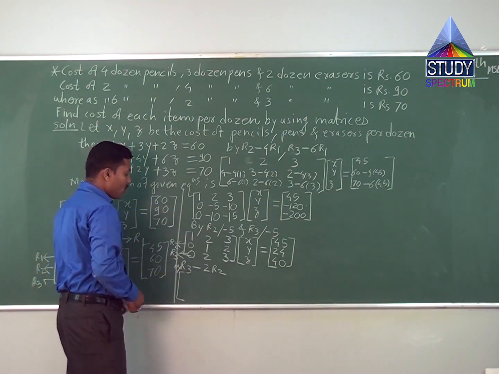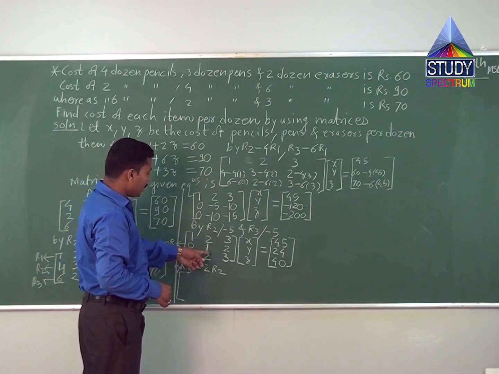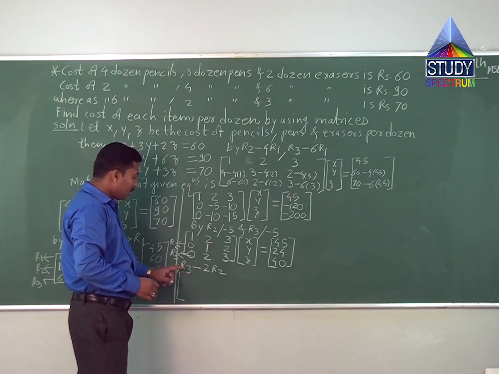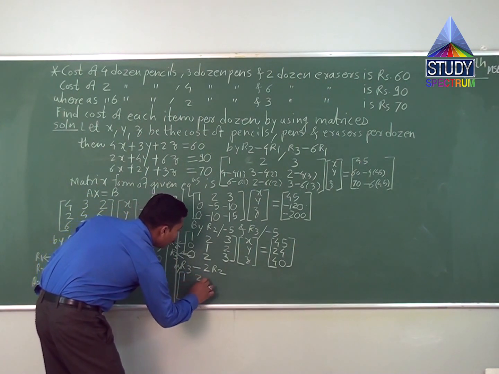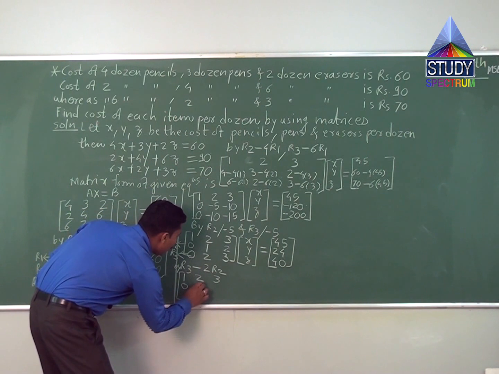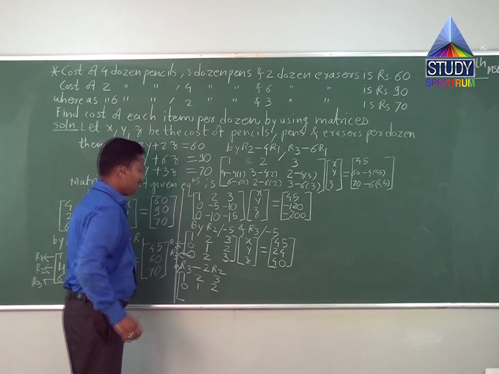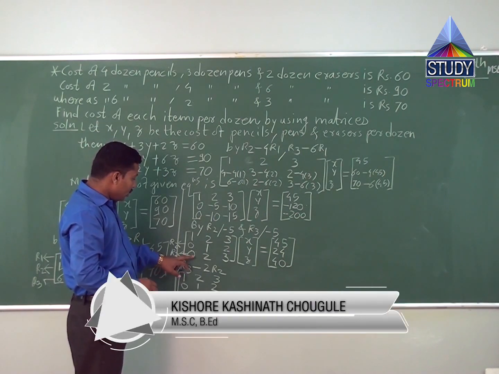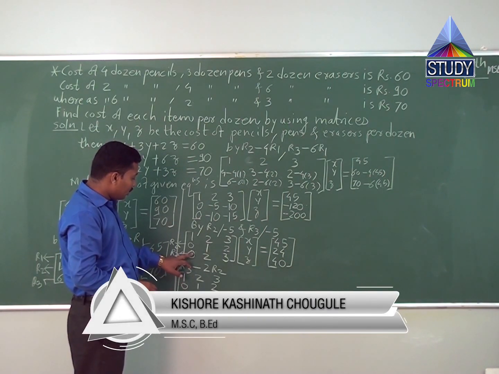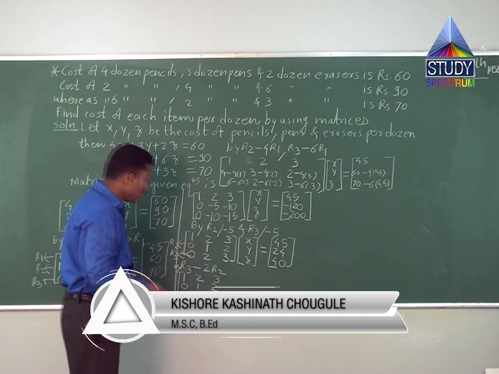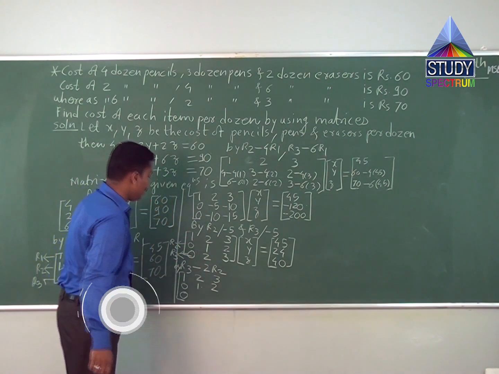The first row as it is and the second row also as it is, only a change in the third row R3. So 1 2 3, second row 0 1 2, and we only simplify the third row. R3 is 0, minus 2 into 0 is 0, 0 minus 0 is 0.